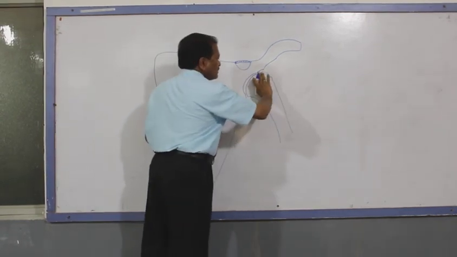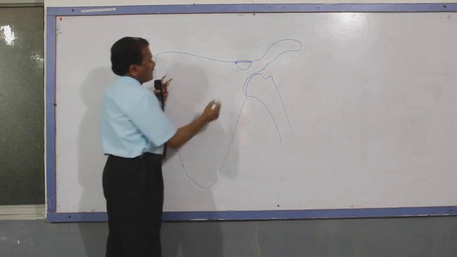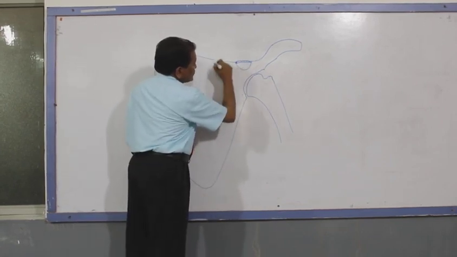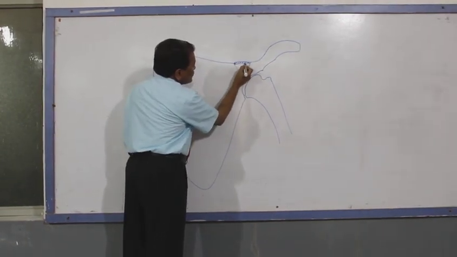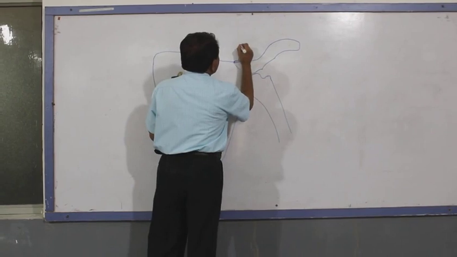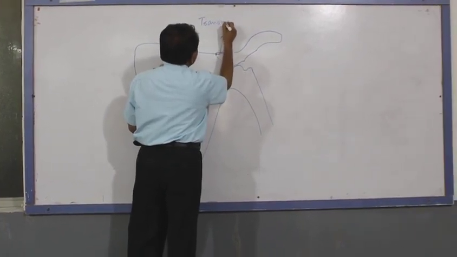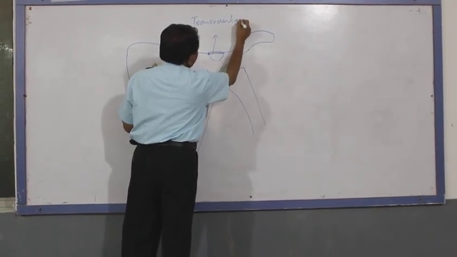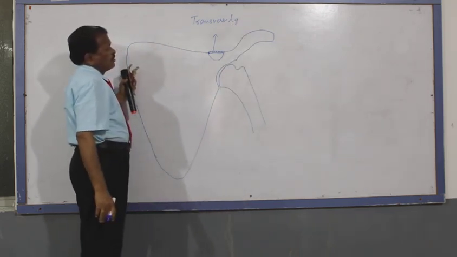In this figure, this side is lateral and this side is medial. The suprascapular notch is converted into the suprascapular foramen by the transverse ligament. This is the transverse ligament of the scapula.